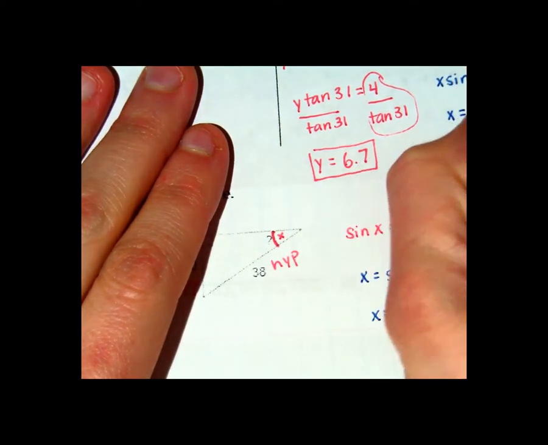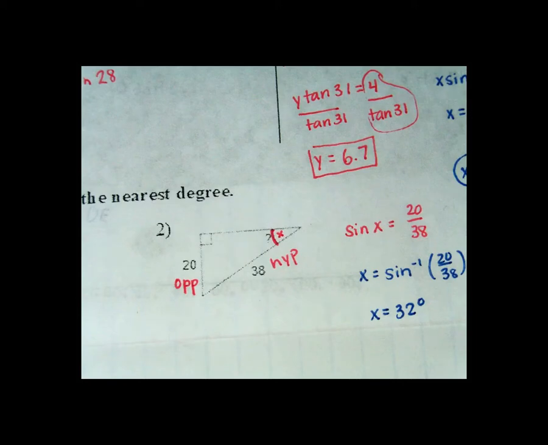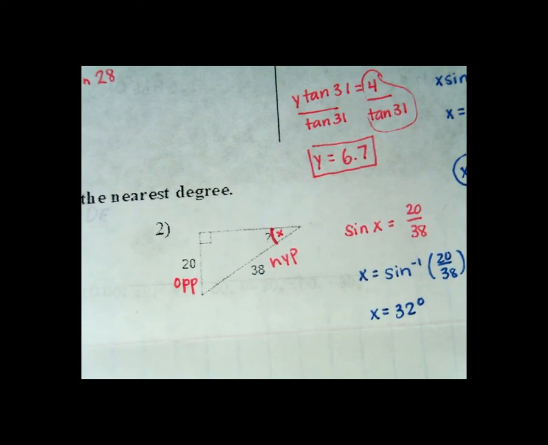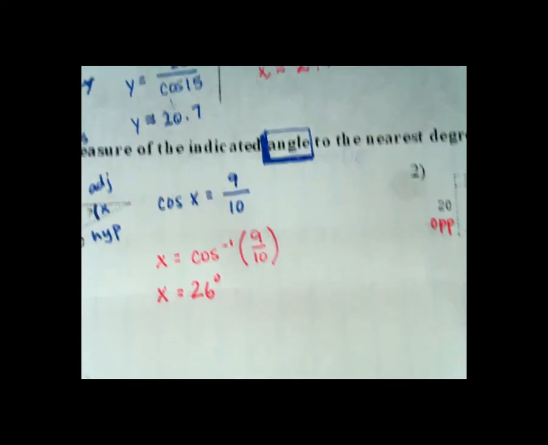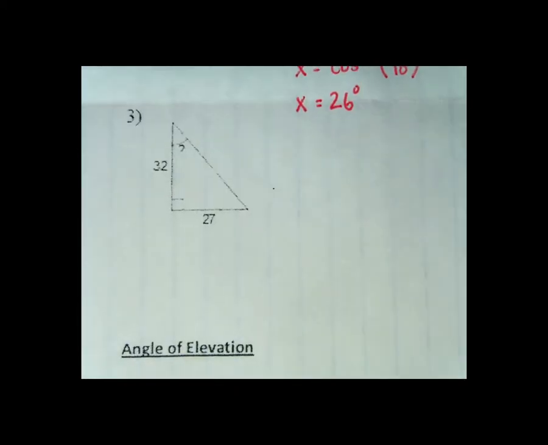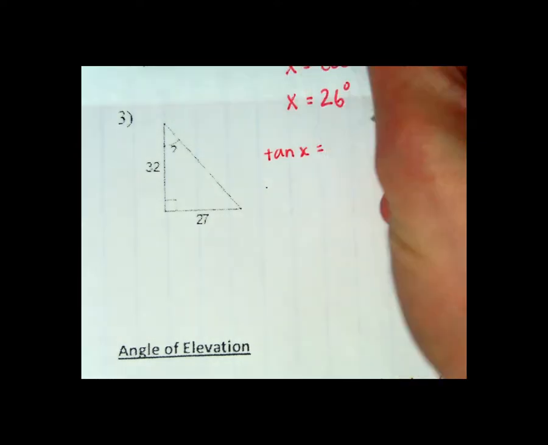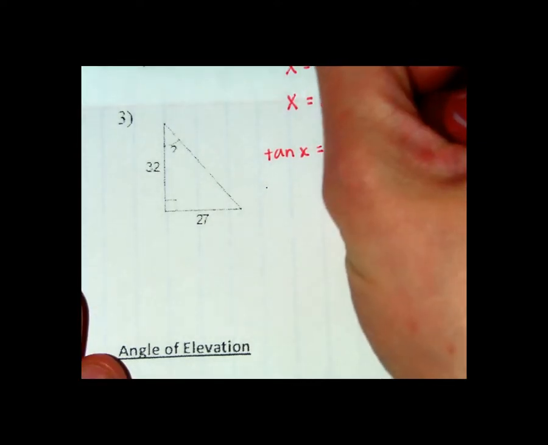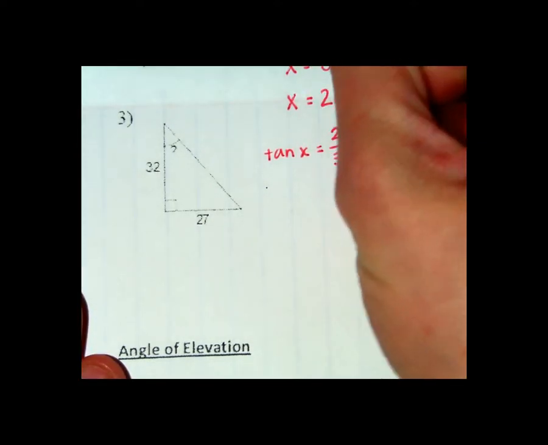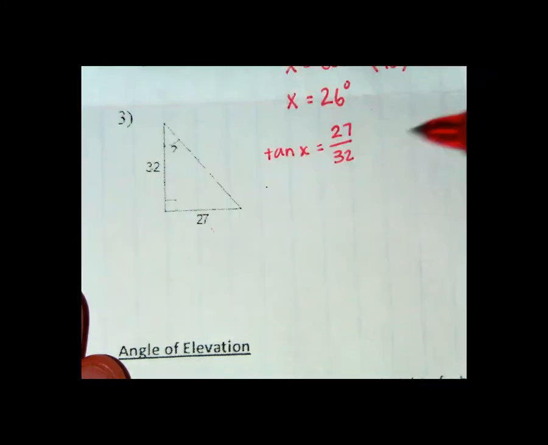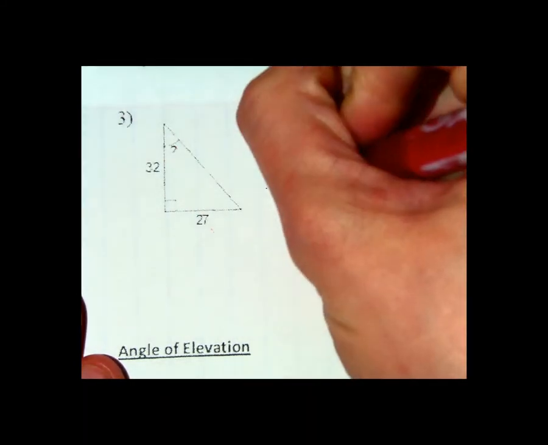Alright, I want you to do number 3. Alright, what ratio did you guys use on number 3? Tangent, okay. Tangent of what? X equals what? 27 over 32 because you have the opposite over the adjacent. So what did you type in your calculator?